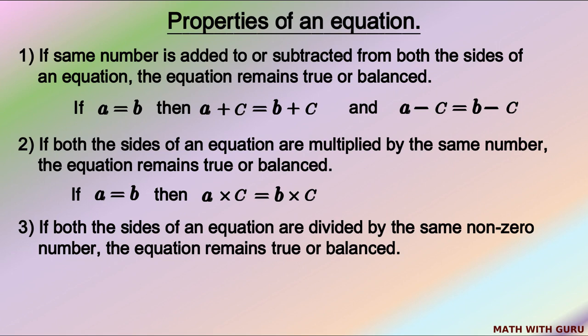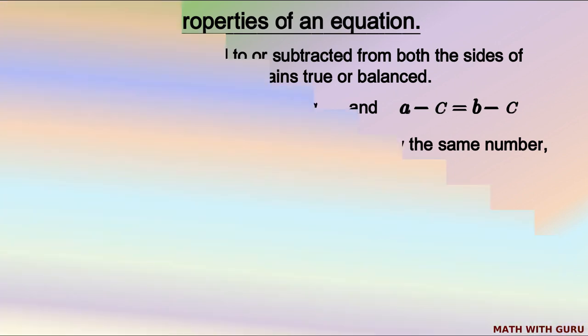Dividing by 0 is prohibited in mathematics. If A = B, then A divided by C equals B divided by C, C not equal to 0.